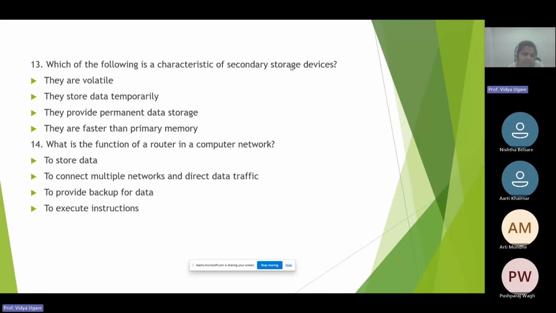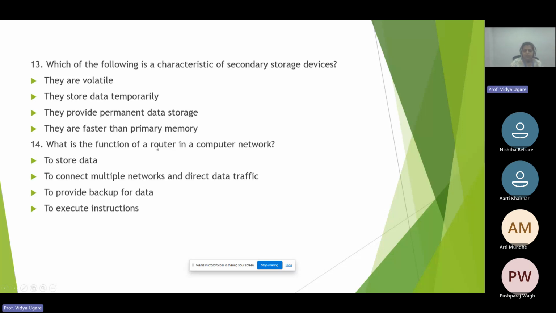Secondary storage device means it's a hard disk. So we use a hard disk or any secondary storage device for permanent data storage. They are not volatile, and they are not used for temporary data storage. They are quite a bit slower than the primary memory, right? So the answer for this is they provide permanent data storage.